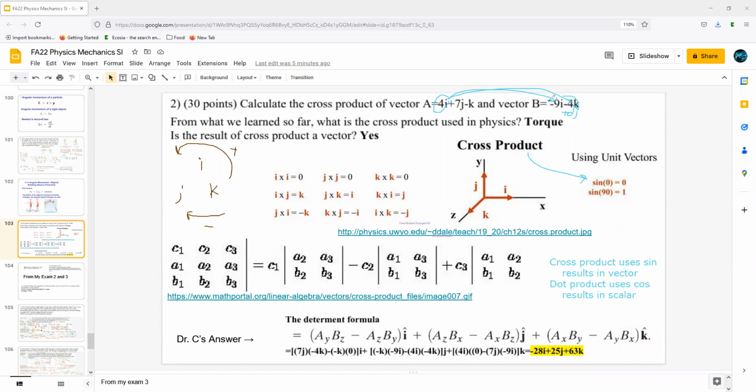I cross j, that j had a 0 coefficient, so that goes away. I cross k is going to be negative j, and stuff like that. But yeah, sorry I couldn't help more with this, you guys. Anyway, on to the next problem.